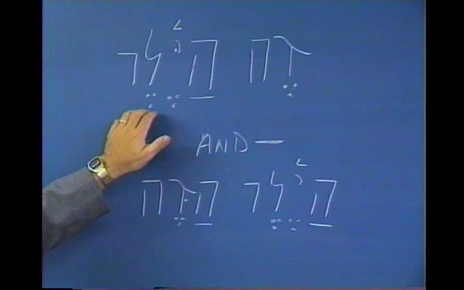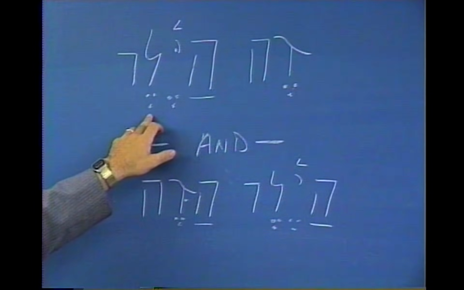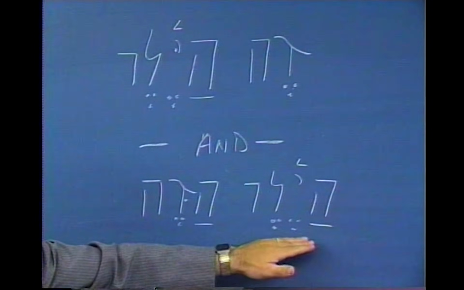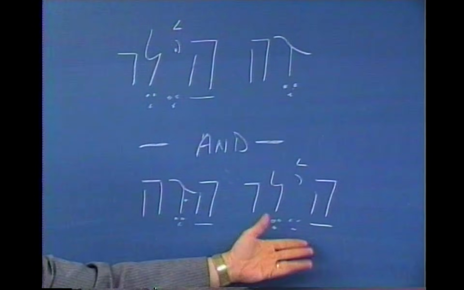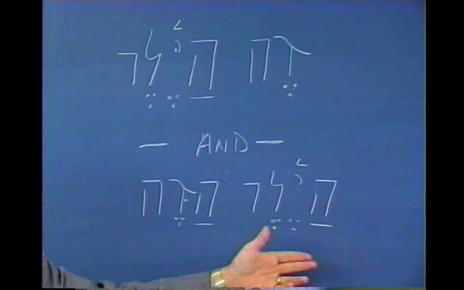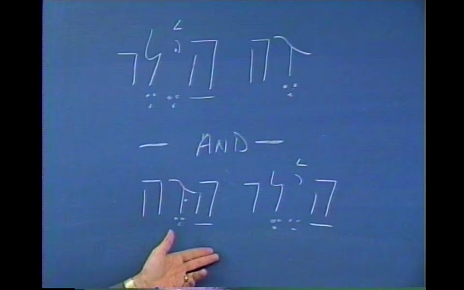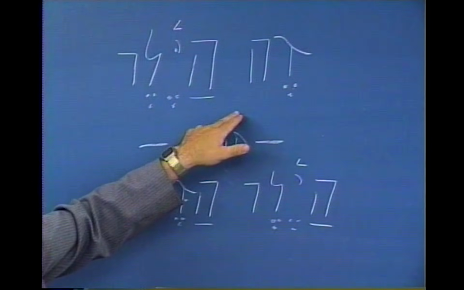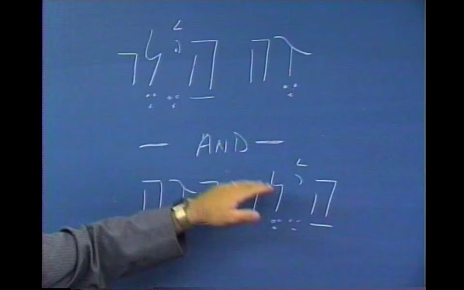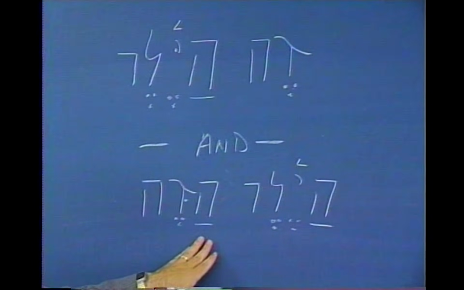This is the boy. That's a complete sentence. Whereas this, the boy, namely this one, would just be translated this boy. So in this example, Ze is a pronoun, and in the second, it's an adjective right over here.